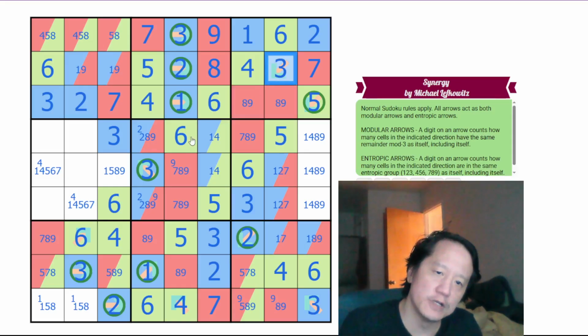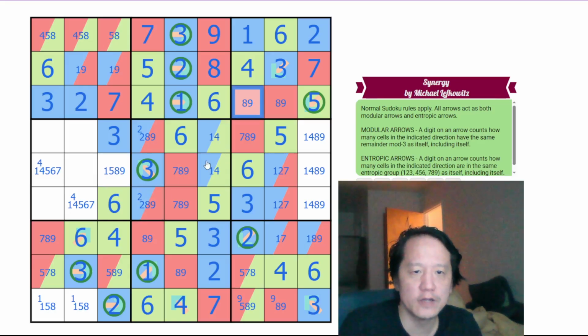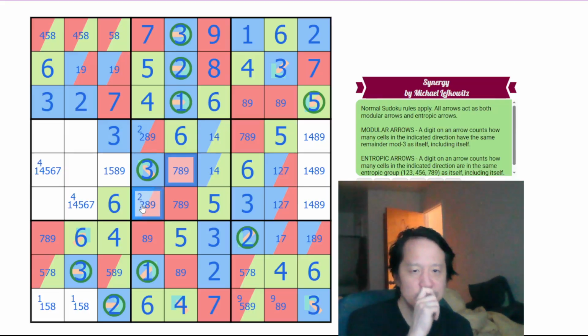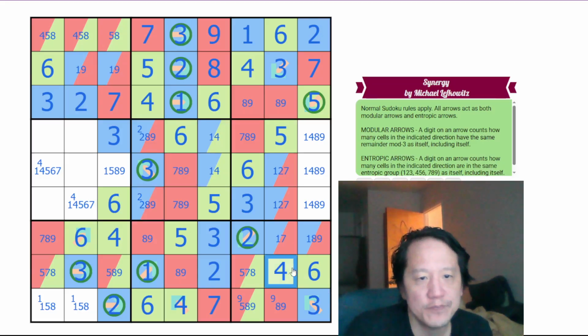We also need a low on this diagonal. So we have either a 9 here or a 9 in one of these two cells. And it cannot be both. Interesting. What about this diagonal?